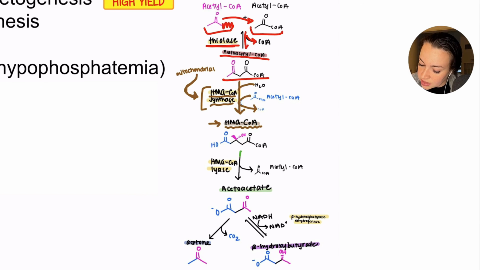That step is going to be mediated by HMG CoA lyase, and it'll cleave this bond right here and pop off this acetyl-CoA, leaving us with acetoacetate, which was one of our ketones. Now acetoacetate can take one of two paths. It can either turn into beta-hydroxybutyrate with a little bit of help from NADH and this enzyme beta-hydroxybutyrate dehydrogenase, or it can undergo spontaneous decarboxylation and turn into acetone.